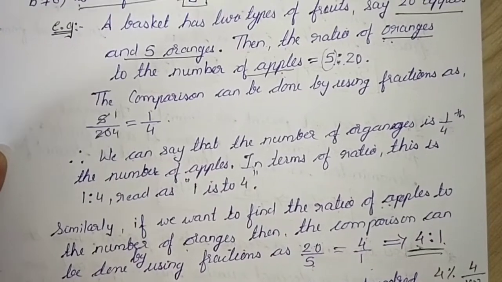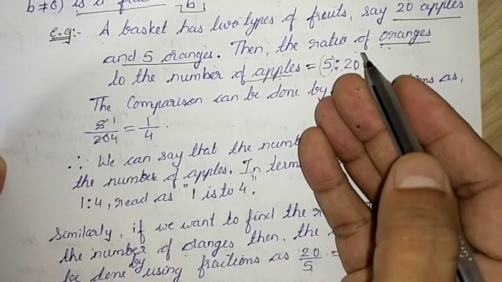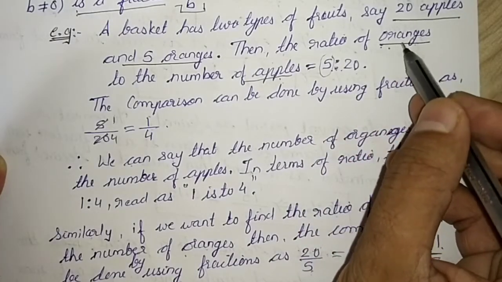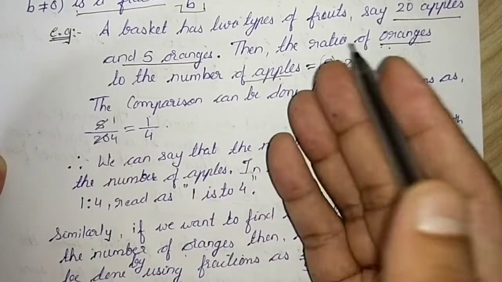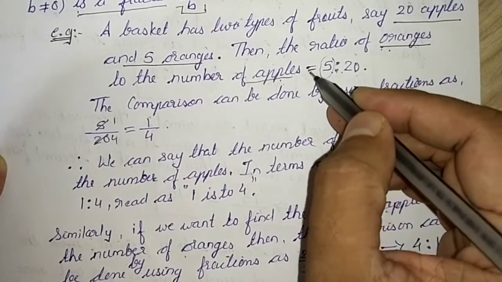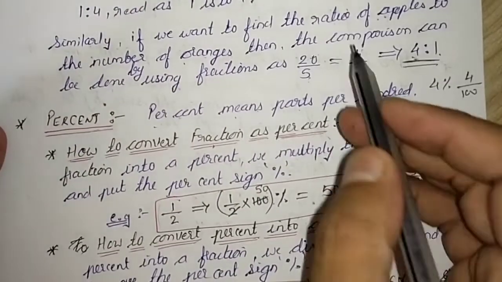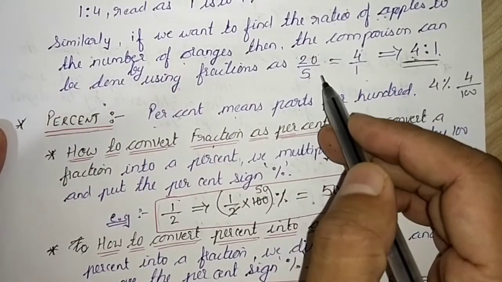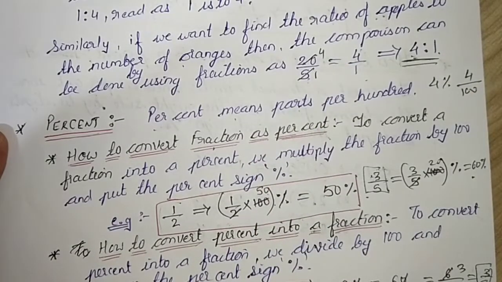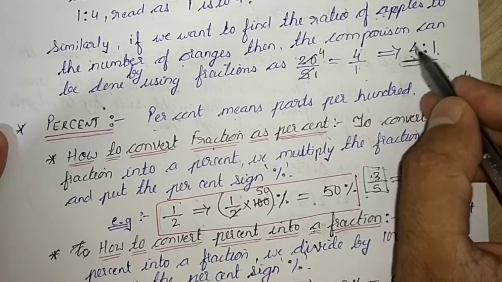Students, here they have asked for the ratio of oranges to the number of apples. What if they told us to find the ratio of apples to the number of oranges? Simple. First they have given apples, so we will write the number of apples, 20 is to 5. In fraction form, 20 divided by 5, 5 1s are 5 and 5 4s are 20. That is the fraction form, but we want the ratio form, so we will write 4 is to 1.